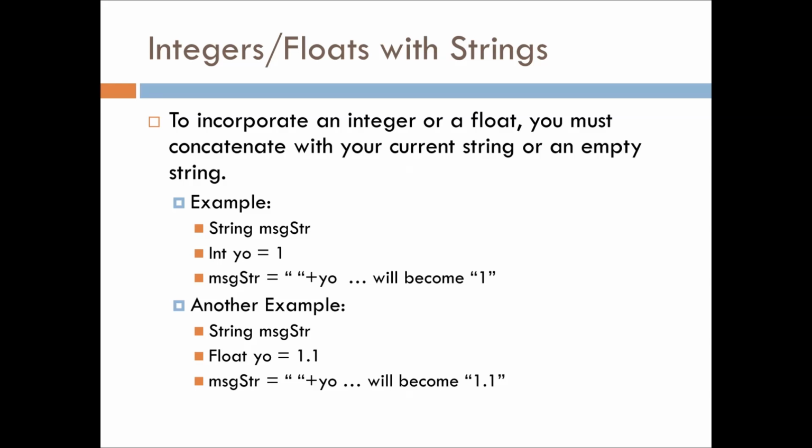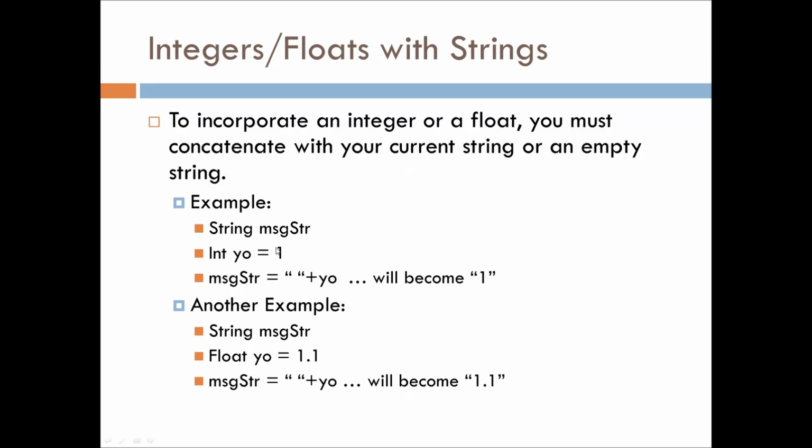Alright. Integers and floats with strings. To incorporate an integer or a float, you must concatenate with your current string or an empty string. Alright, let's go over two examples. So we have one with integer and one with float. We have a string that we declare but don't assign anything to.